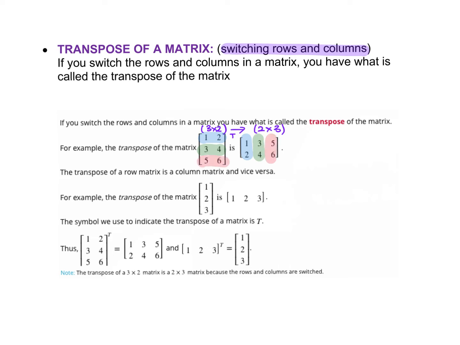If you just write it out, it's pretty simple. They will often refer to transpose using this little T up here, which just means transpose. And obviously the order is just switched around. Really easy. It's just a thing that's forgotten about once you get to the end of the unit, and then a little question gets snuck in here and there.